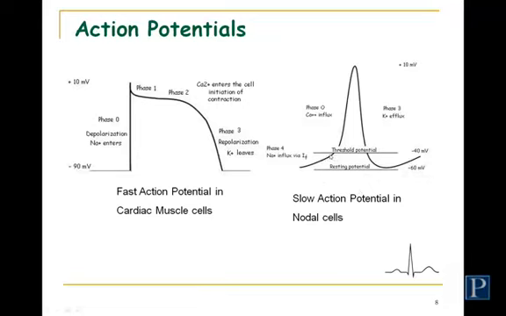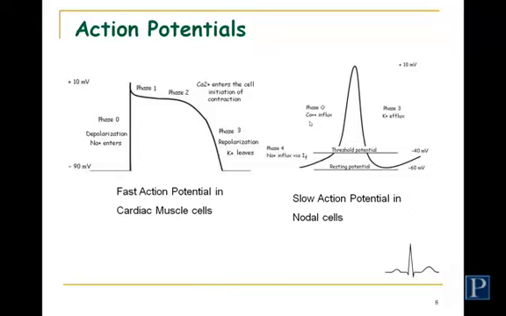When the cells reach their threshold potential, which is minus 40 millivolts, you will get the action potential that's generated. And the phase 0 that you see in the slow response cells is not because of sodium flux. It's because of mainly calcium. It's actually what we call slow sodium calcium channels.